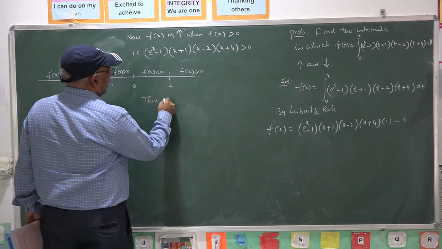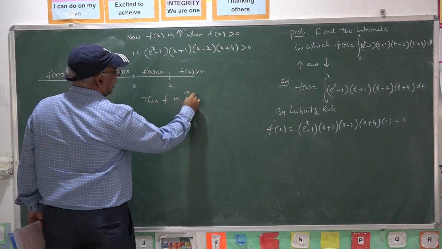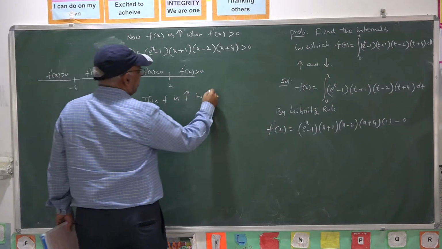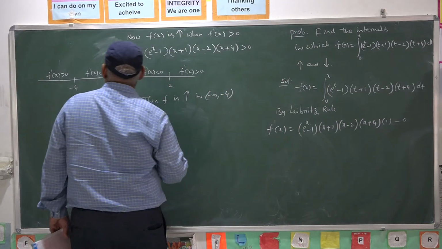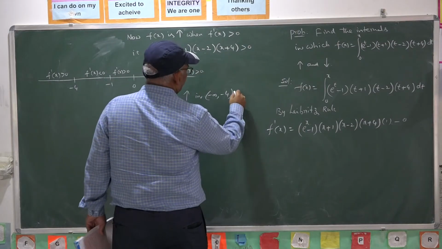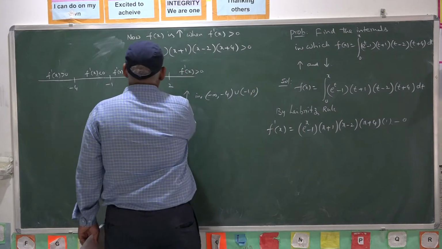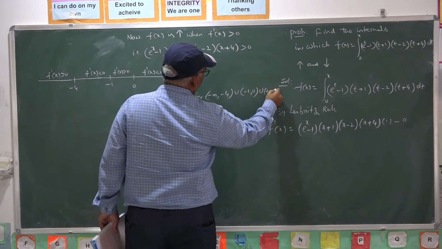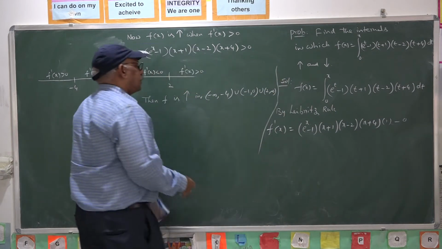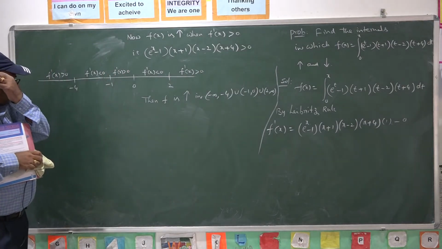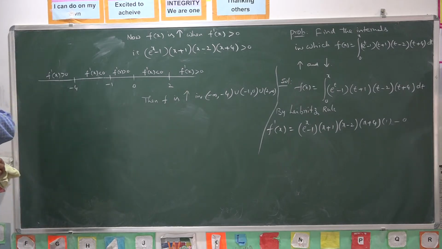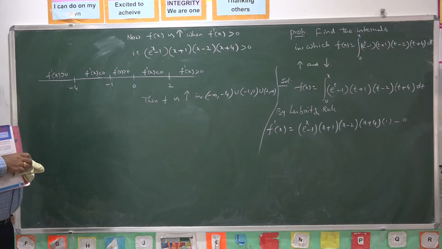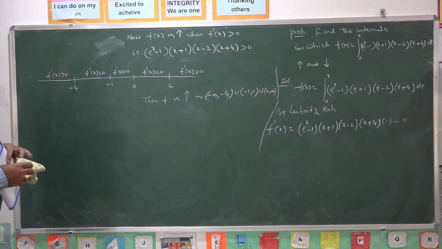Then f is increasing in the interval -infinity to -4, union -1 to 0, union 2 to infinity. In -infinity to -4, -1 to 0, and 2 to infinity, f dash x is positive, hence it is increasing.